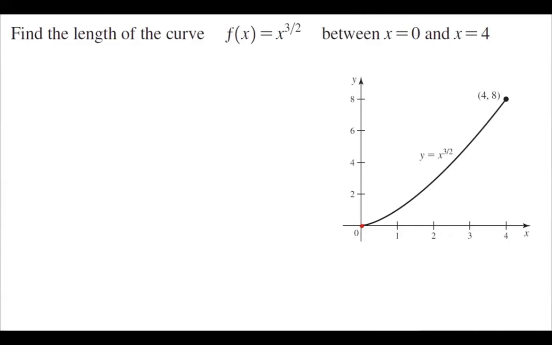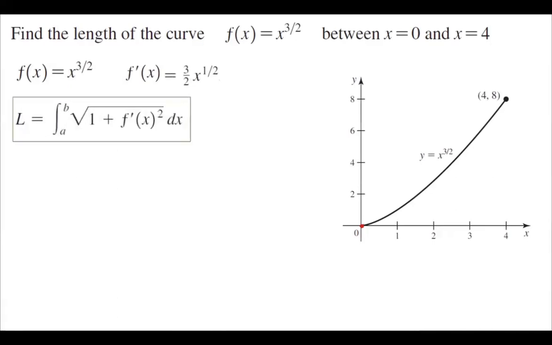The graph is increasing. Well, since f of x is equal to x to power 3 halves, f prime is 3 halves x to power a half. The arc length follows the formula definite integral a to b of the square root of 1 plus f prime of x to the second dx.